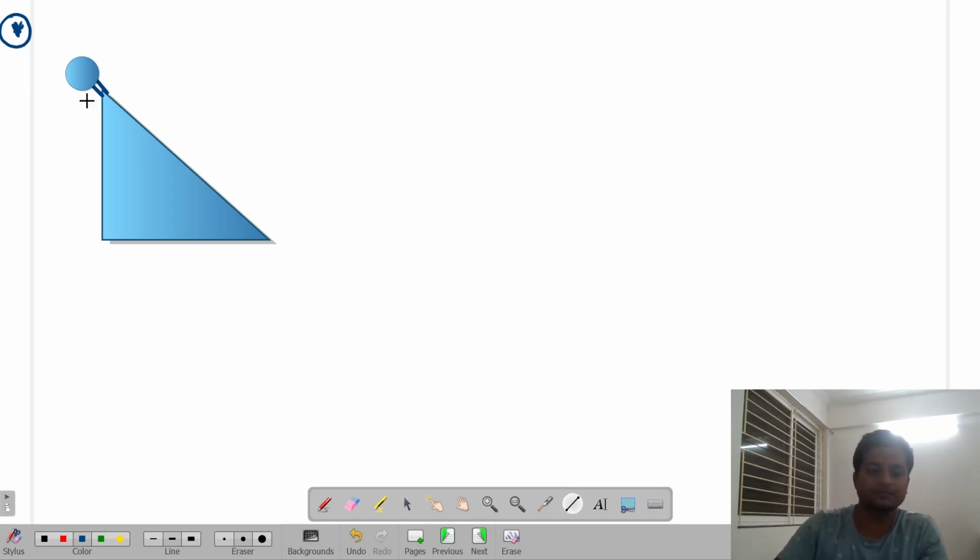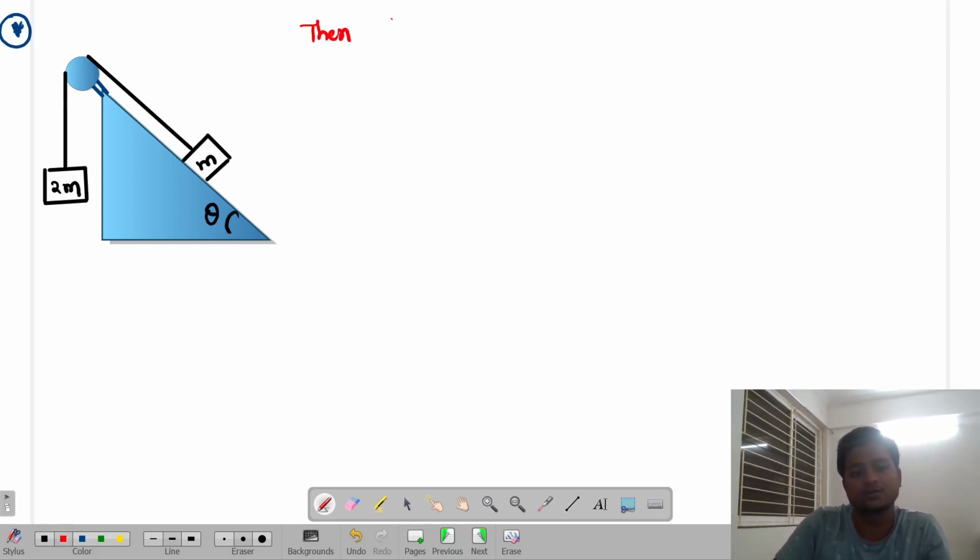On this system, I attach two blocks, and this is my block M. Okay. And this is my block 2M. And this inclination is theta. Then find the acceleration of the block.